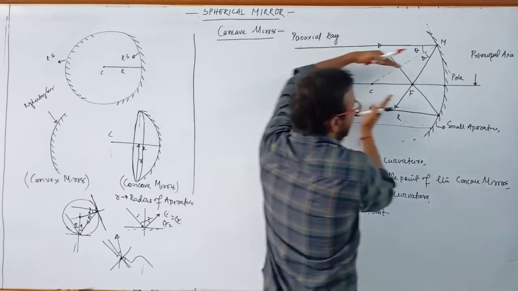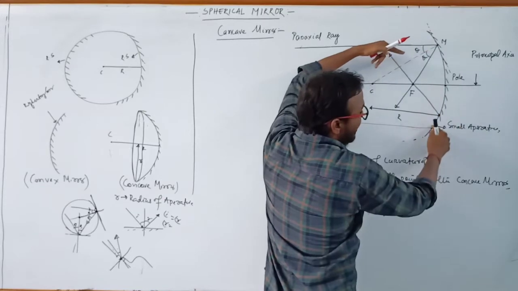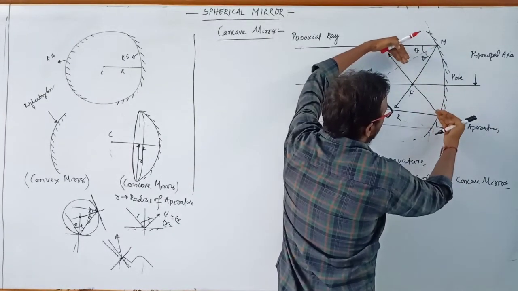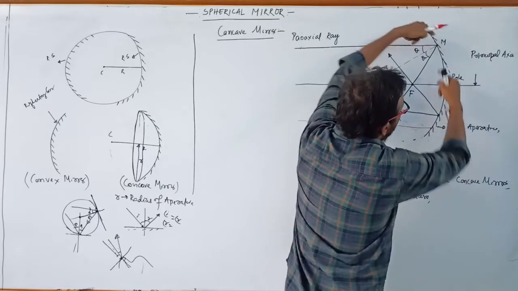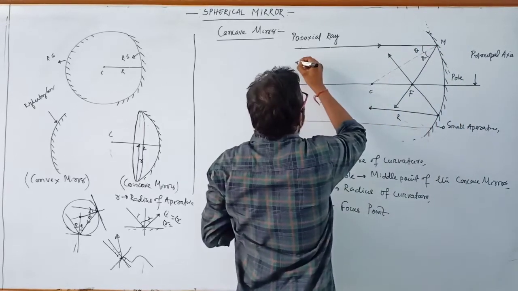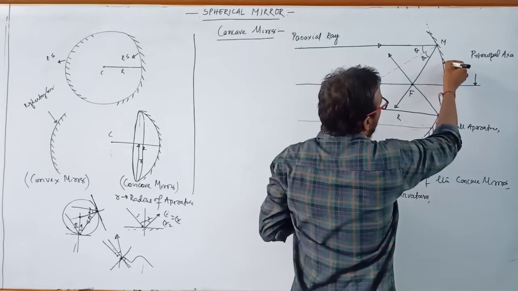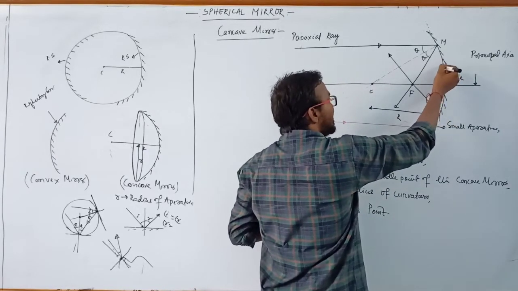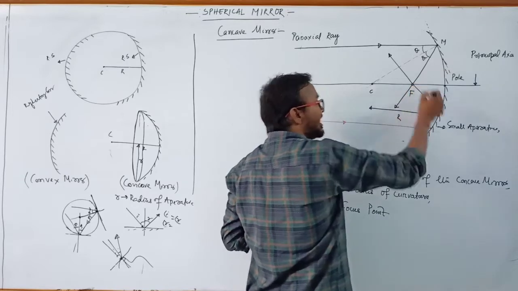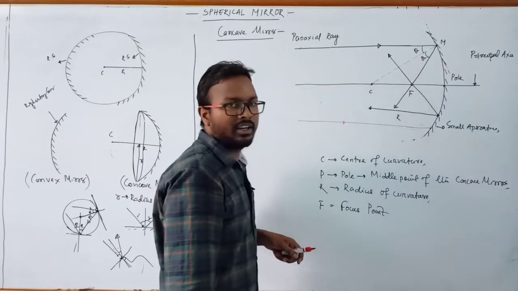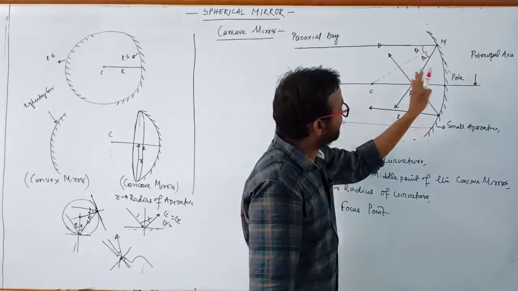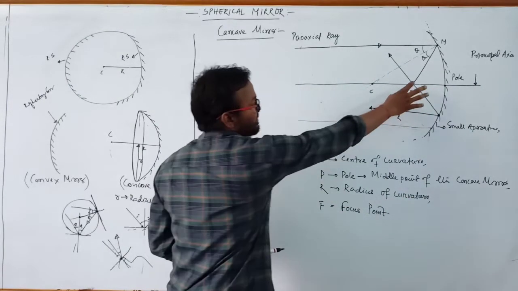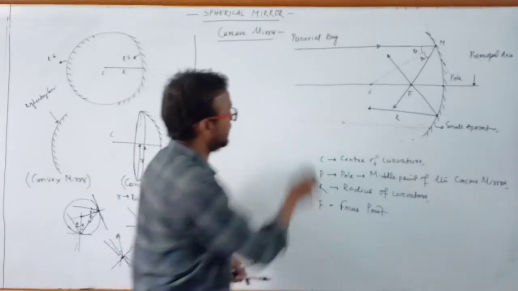After being incident at any point on the concave mirror, the reflecting rays intersect after reflection at a single point on the principal axis, and that point is known as the focus point. Clear?